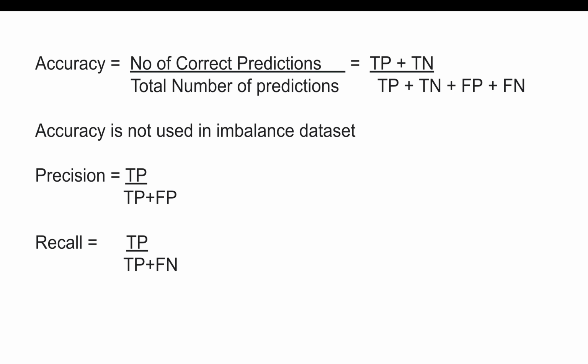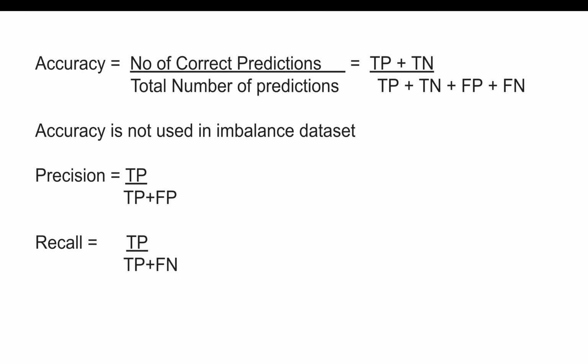Now, when you talk about accuracy, in the confusion matrix I have already explained the concept of true positives, true negatives, false positives, and false negatives. Whenever we evaluate the accuracy of anything in general, what is accuracy? Accuracy is the number of correct values divided by the total number of values. So in case of a model, it will be the total number of correct predictions divided by the total number of predictions.